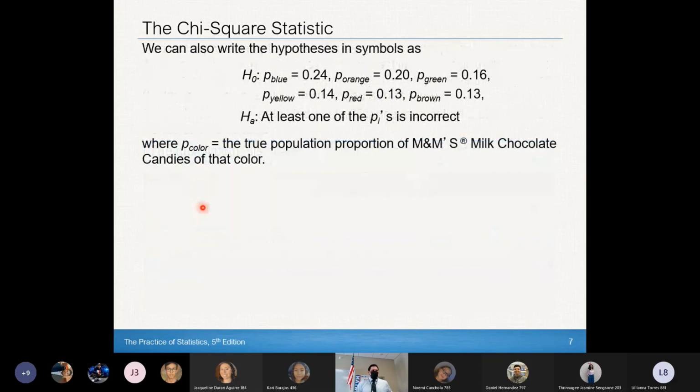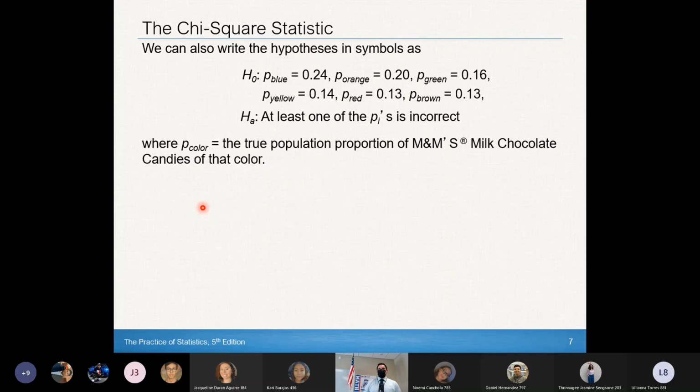We could also write the hypotheses in symbols as H sub 0, such that p blue is 0.24, p orange 0.2, p green 0.16, p yellow 0.14, p red 0.13, p brown 0.13. And the alternative, at least one of the p sub i's is incorrect, where the little subscript i is a placeholder for whatever color we're talking about.